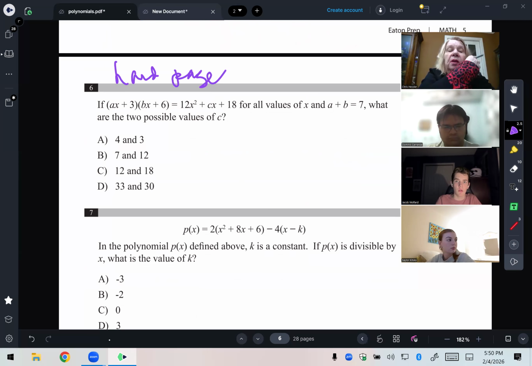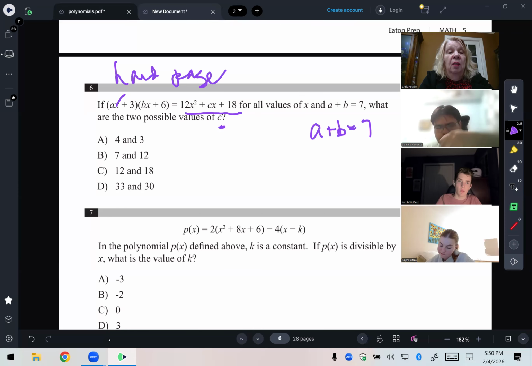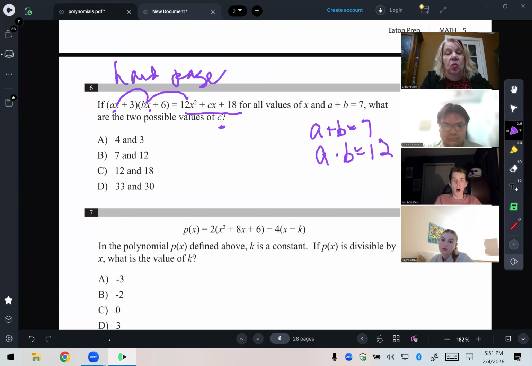So if ax plus 3 times bx plus 6 is this value, we're trying to get c. Now we know that a plus b is 7. And you see this? A times b is going to have to give us 12, right? That makes sense, right? A times b will give us 12.